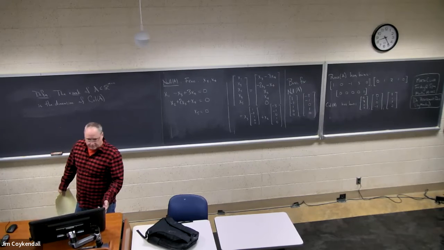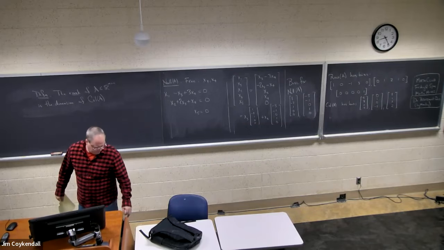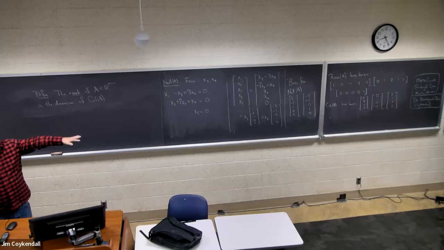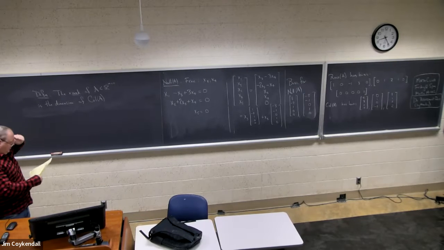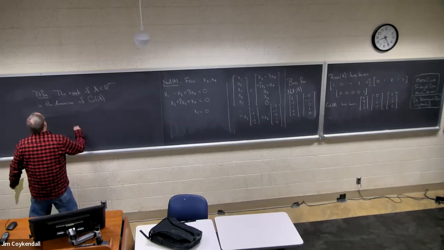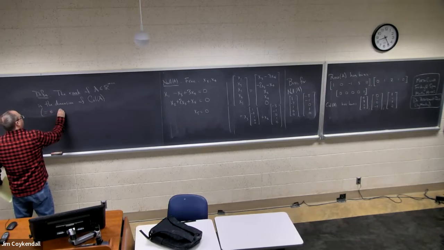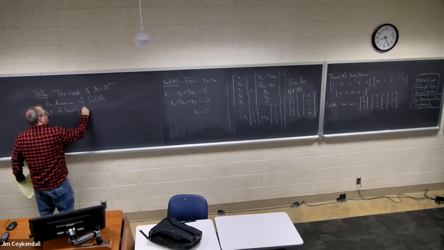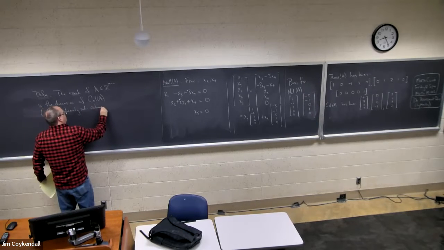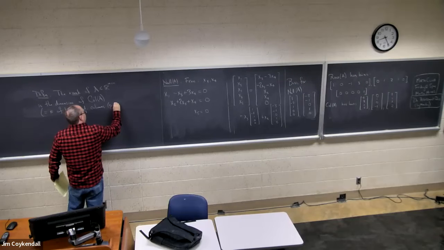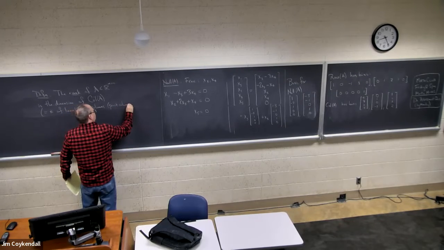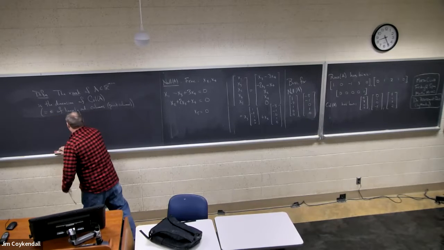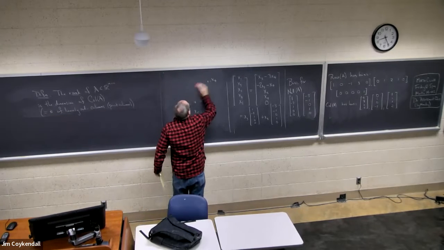And if you remember, the dimension of the column space is the number of linearly independent columns or the number of pivots. So here is the famous rank nullity theorem.